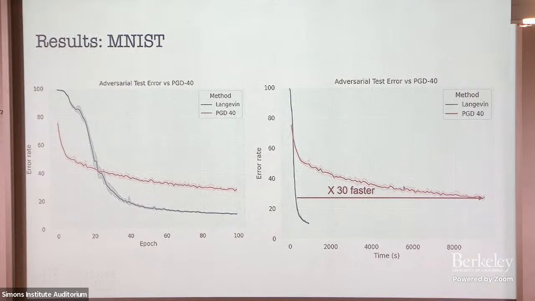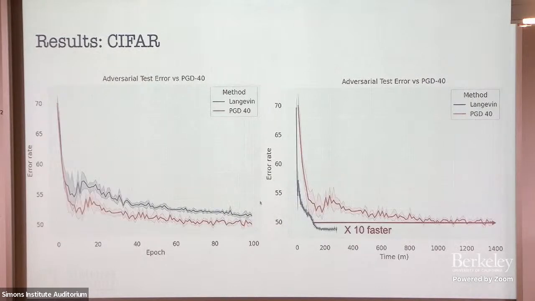And so at the end of the day, we get a significant improvement in terms of performance. And this scales up also to CIFAR, where we get about a 10 times faster improvement to reach the performance of the standard training against PGD14. The y-axis is the adversarial test error against PGD14.